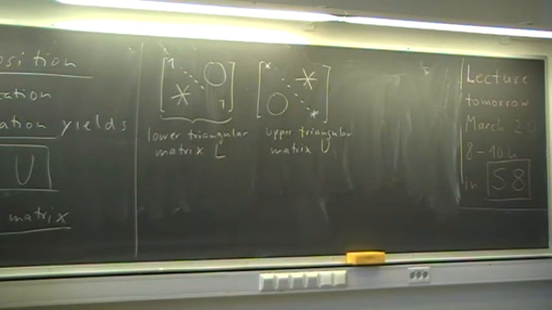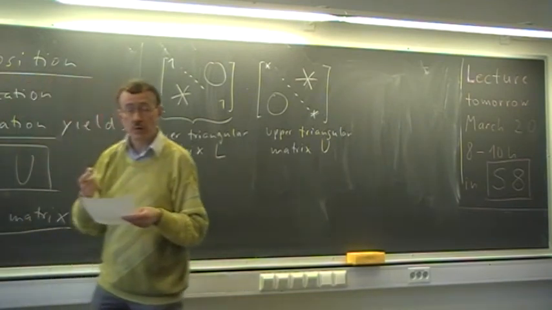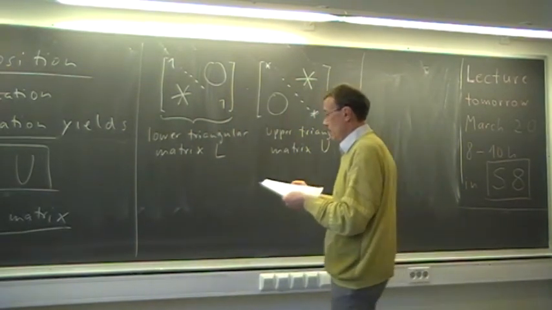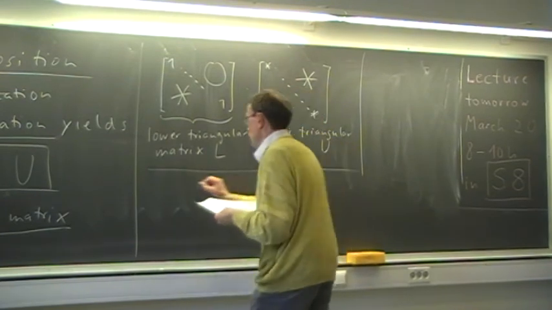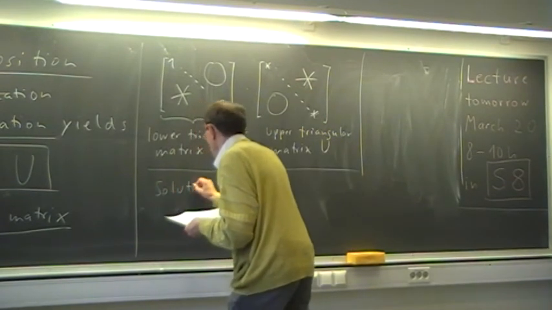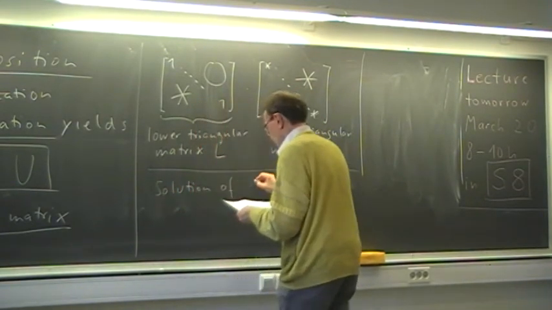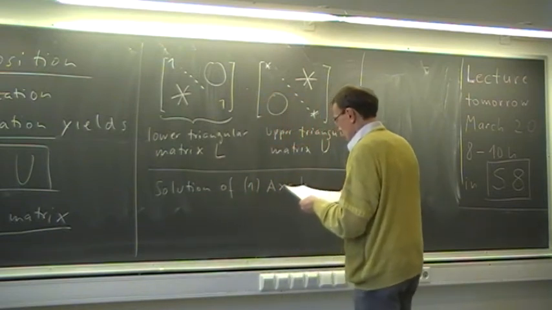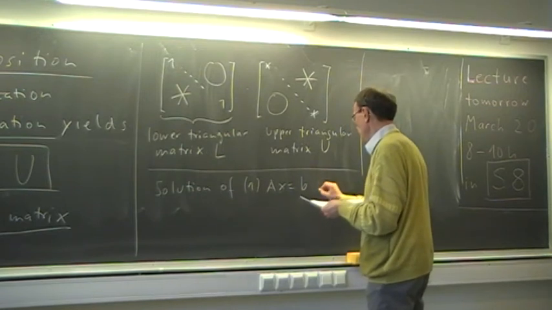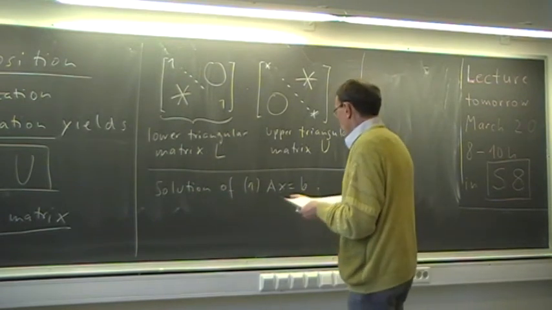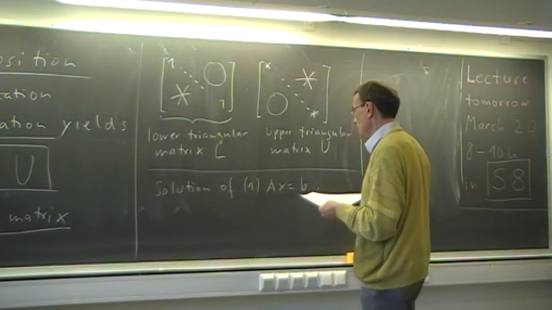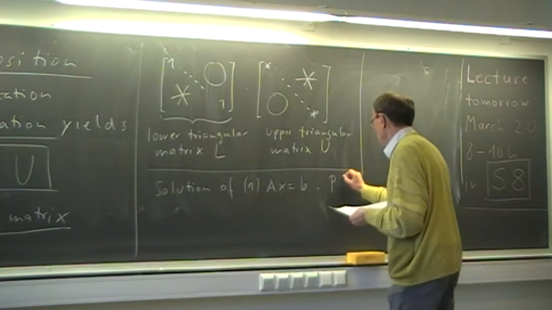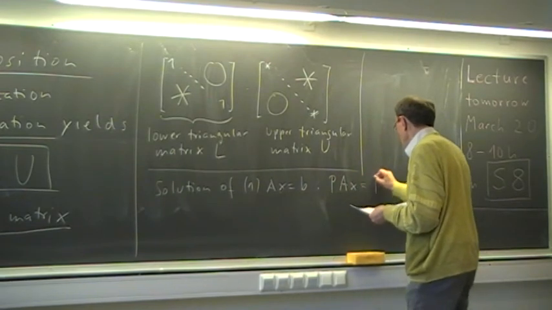So the solution is done in a similar way as we discussed for the tridiagonal system. So the solution of our system that we discussed in the beginning is done in the following step. Instead of this, we solve PAX equal to PB.